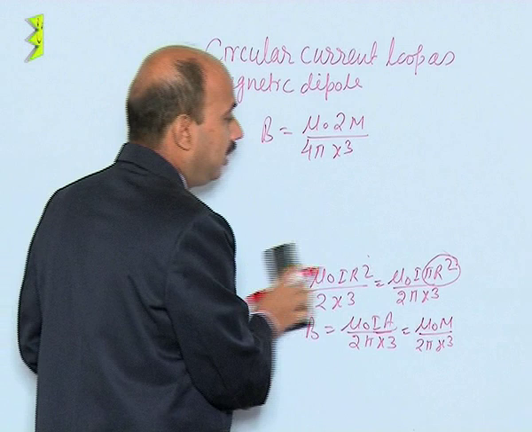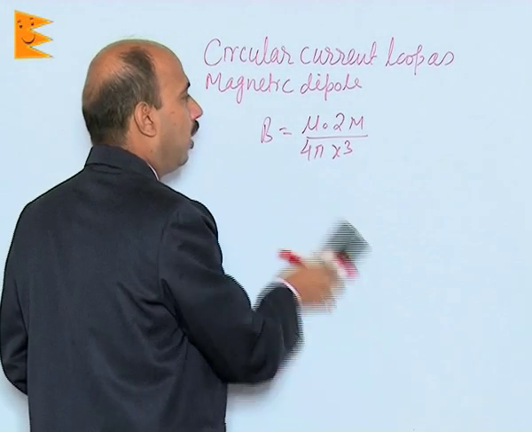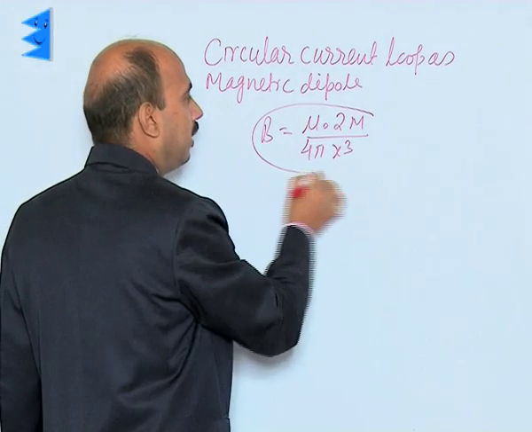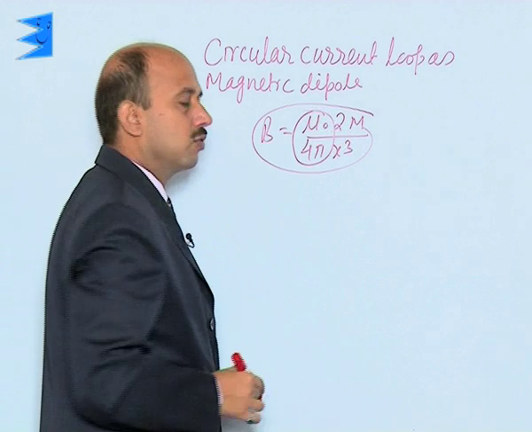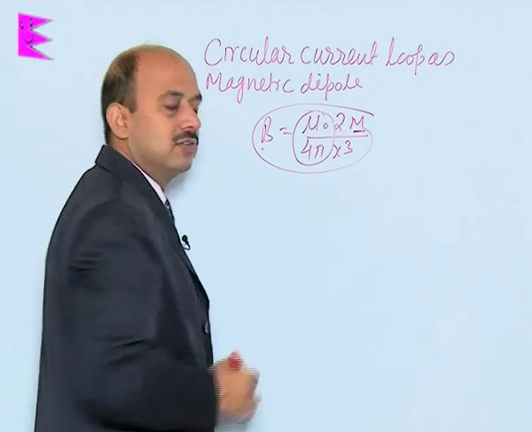This is the magnetic field at any point on the axis of the circular loop, where mu naught upon 4 pi is a constant, M is the magnetic dipole moment, and x is the axis distance.